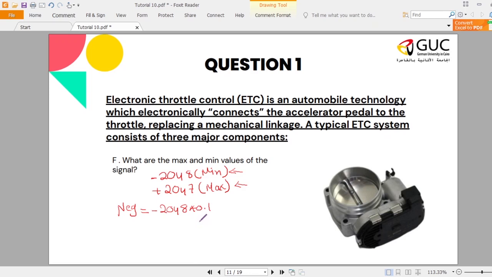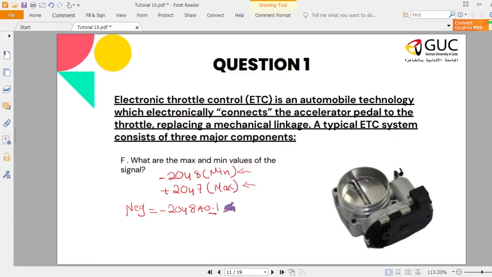Now we want to know the actual value that we will be reading. So we will multiply each range by our resolution, which is 0.1. So here, if we multiply this by 0.1, we will have negative 204.8.